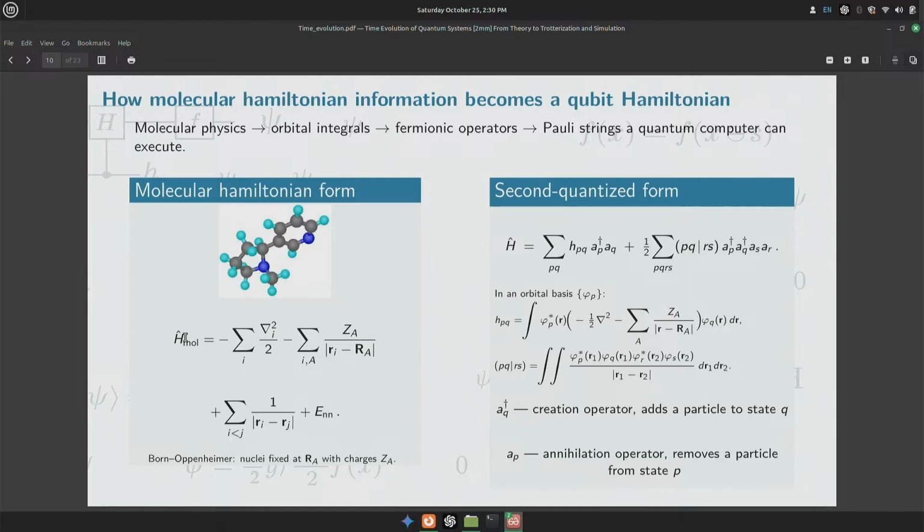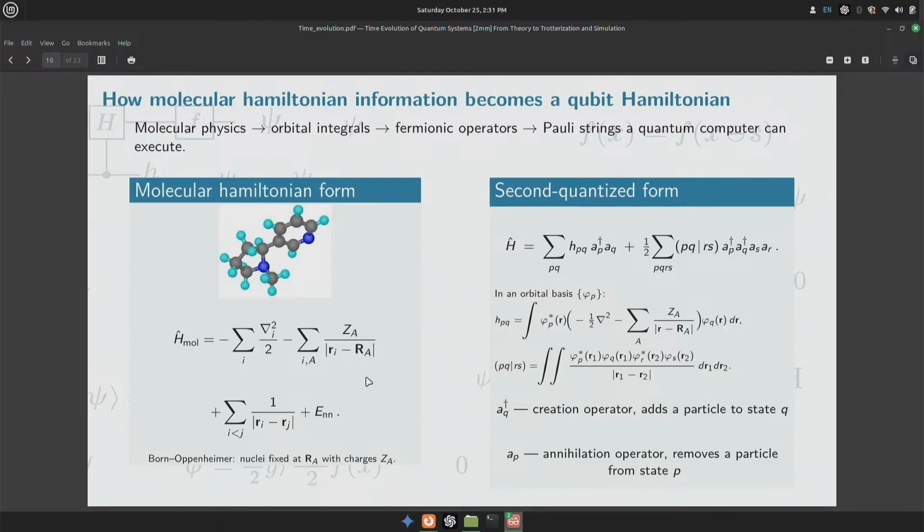So the Hamiltonian, as I said, includes all the information of a quantum system. It generally takes a form like this, a mathematical form where these are the nuclear repulsion terms, and these are the electron repulsion terms. These are the electron-nuclear repulsion terms. So all the information is encoded here.